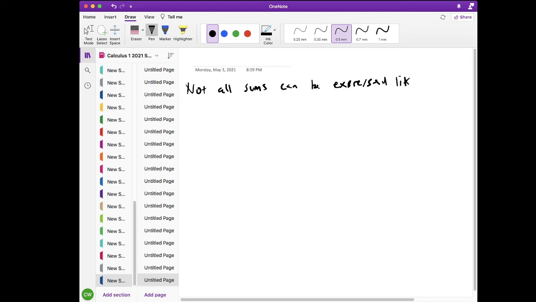Maybe if you're very crafty, you can. For example, 1 plus radical 2 plus pi plus e plus cube root of 5.